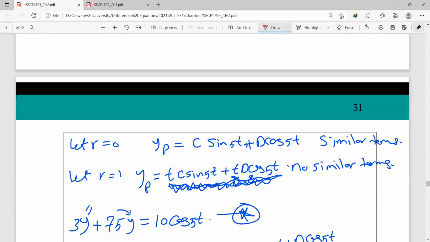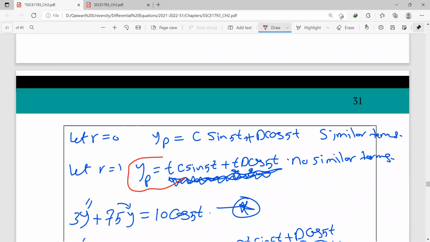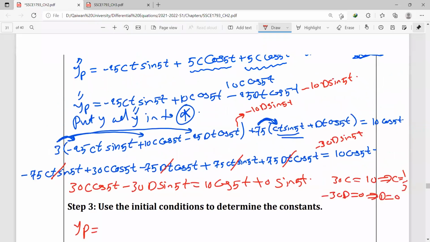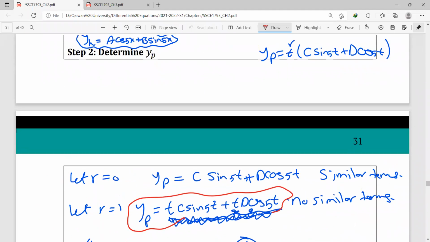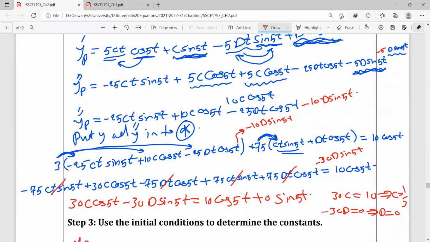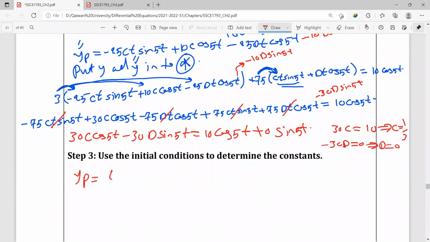This is the chosen particular solution. We replace C by 1/3. C is 1/3 and D is 0. We get t times 1/3 sine 5t, and so it goes on.